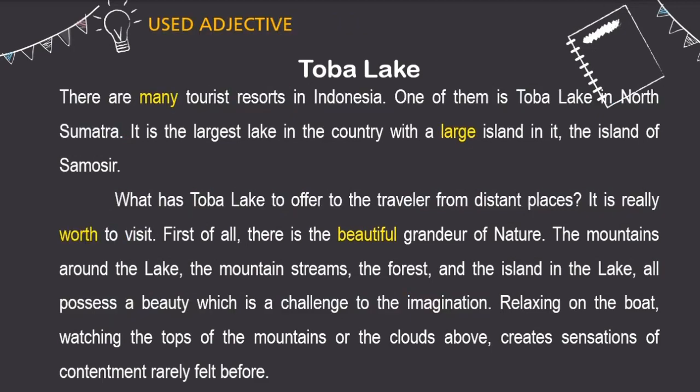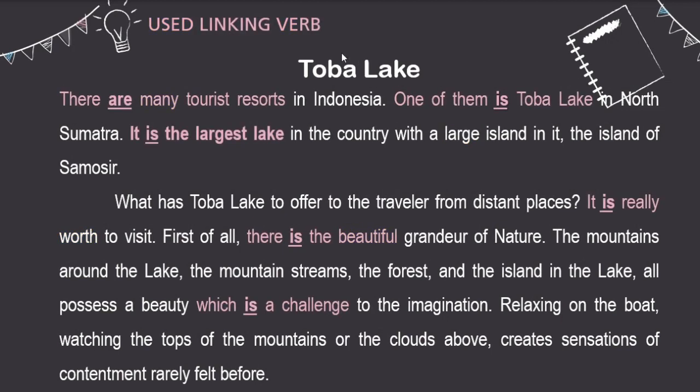The second is use adjective. An adjective describes a noun or a pronoun. There are some adjectives in this text, such as many, large, worth, and beautiful. These adjectives build the reader's imagination about the nouns described in this text.